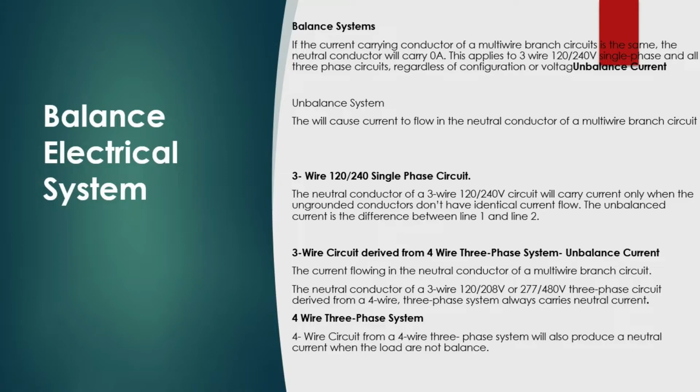Now, three-wire, 120/240 volt single phase circuit. The neutral conductor of a three-wire 120/240 volt circuit will carry current only when the ungrounded conductors don't have identical current flow. So the unbalanced current is the difference between line one and line two.